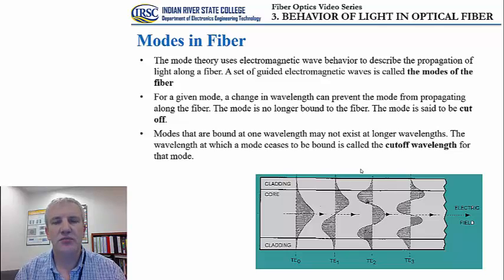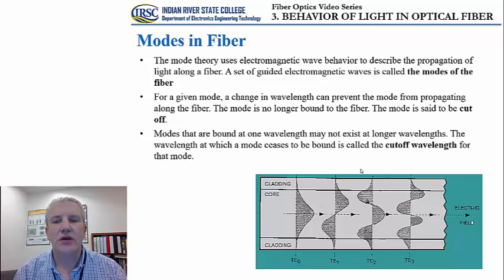As we already mentioned on the previous slide, the mode theory is using electromagnetic wave behavior to describe the propagation of light along the fiber. A very complex set of mathematical equations called Maxwell's equations is used to describe these so-called electromagnetic waves or modes. It turns out that there are very different types of modes. There are modes that are called TE or TM modes, and each of these has very specific properties with different peaks and valleys.